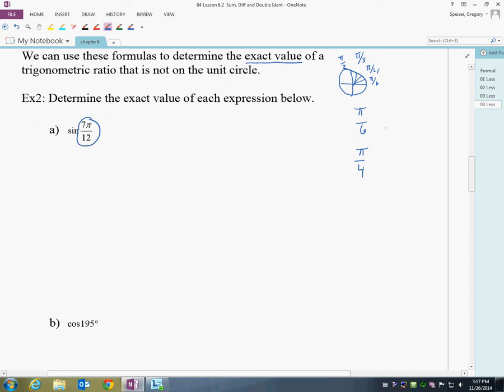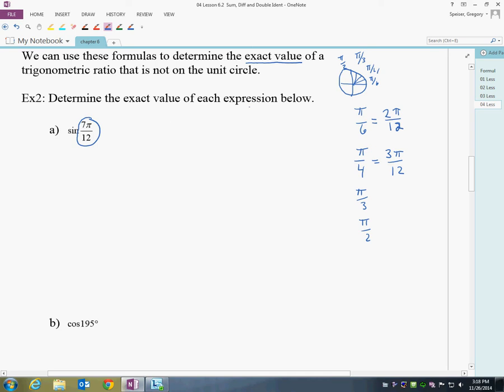First of all, I should translate this: pi over 6 is equal to how many over 12? 2 pi over 12. Pi over 4 is equal to 3 pi over 12. And we could keep on going, with pi over 3 and pi over 2 and so on. But one method is to ask how many of these would I need, and how many of these do I need, and I can add or subtract.